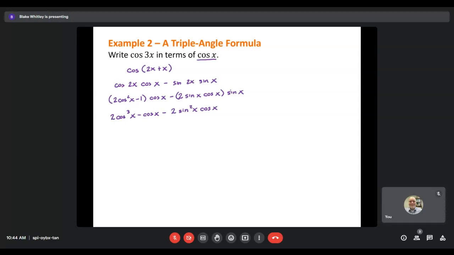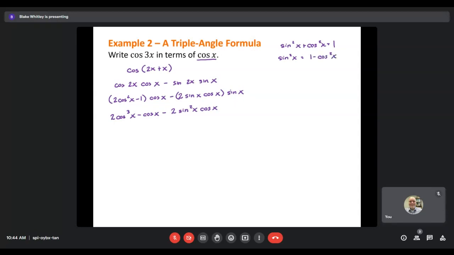Okay, so all we need to do now is try to get that sine squared in terms of a cosine, and then we should have everything in terms of cosine. Well, if you recall, one of our Pythagorean identities is sine squared plus cosine squared is equal to 1. So if I move my cosine over, sine squared x is equal to 1 minus cosine squared x.